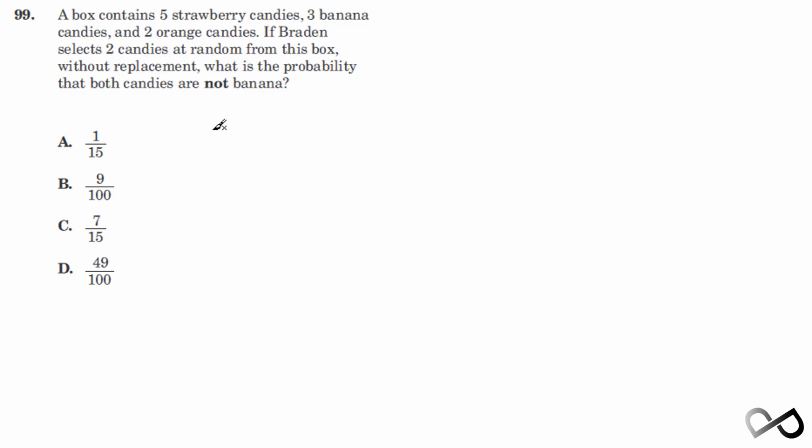So we have 5 strawberry, we have 3 banana, and we have 2 oranges. I'll write OR so that doesn't look like a 0.